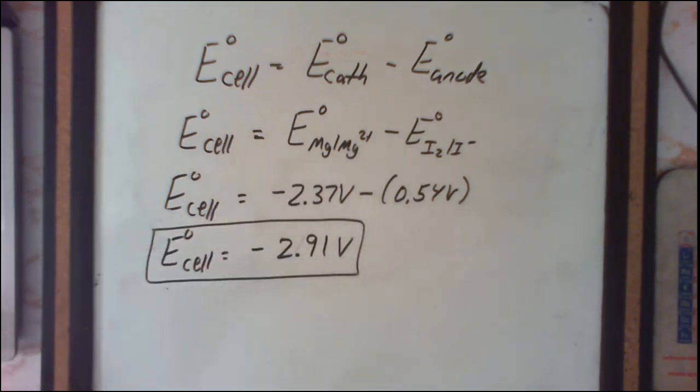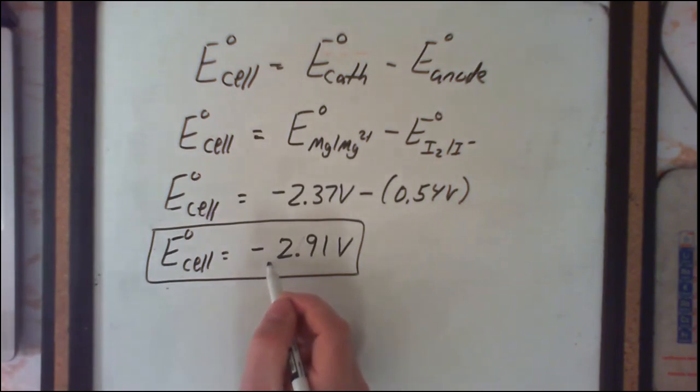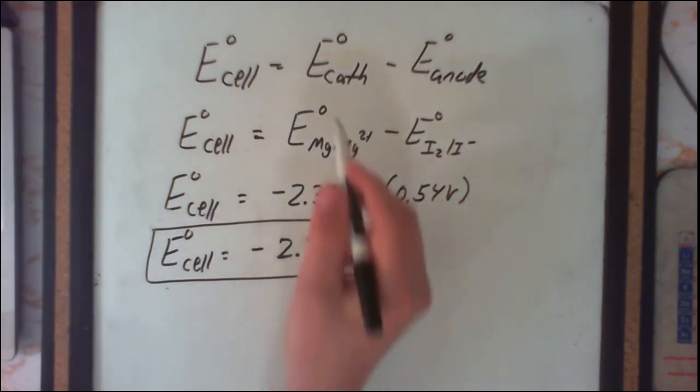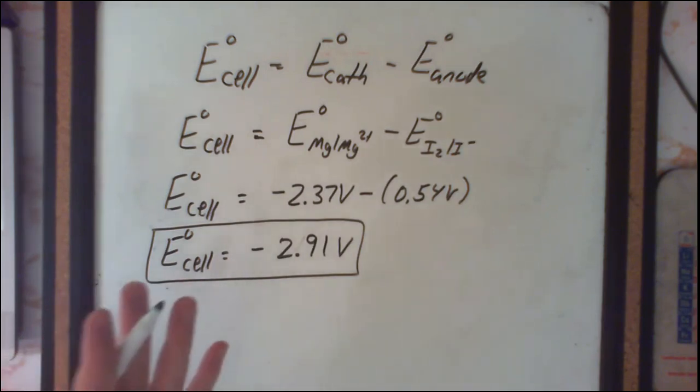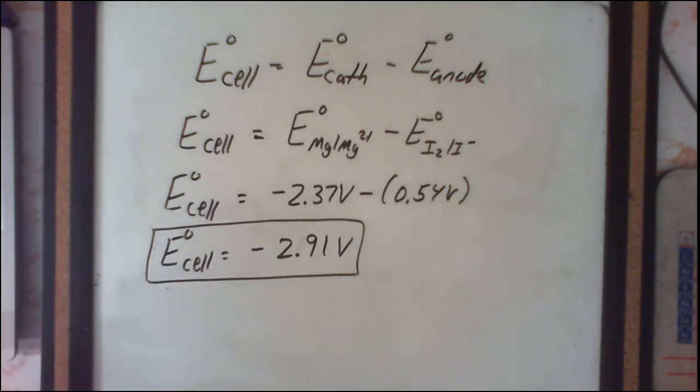Thus, in contrast to the previous two examples, we get a negative cell potential under standard conditions, which means that under standard conditions the reaction is non-spontaneous. The reverse of that process would in fact be spontaneous.